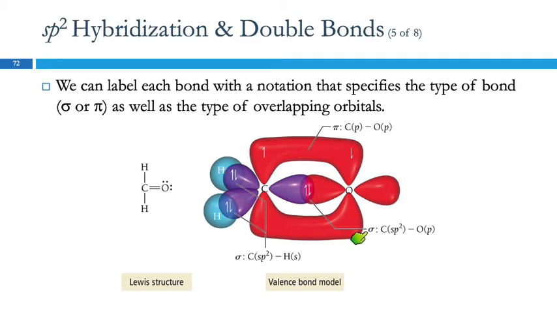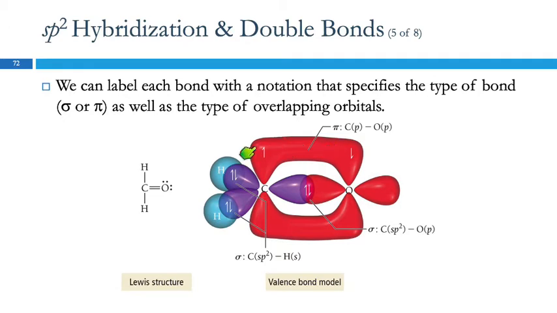So we can label this as a sigma bond, and then we put a colon, and then the rest of the labeling is we're going to say which atoms this is between and what kinds of orbitals are overlapping. So this is the carbon with an sp2 orbital overlapping with oxygen, and oxygen is using a p orbital.